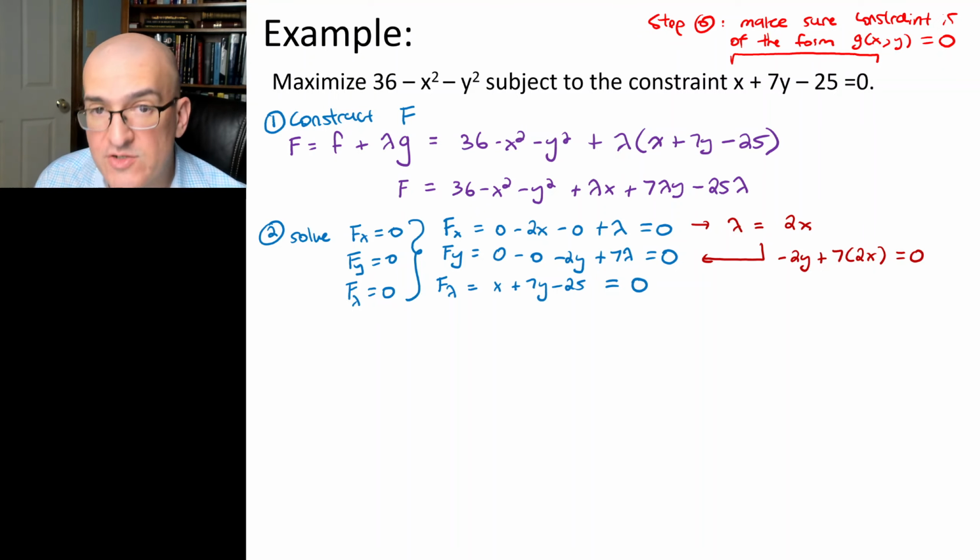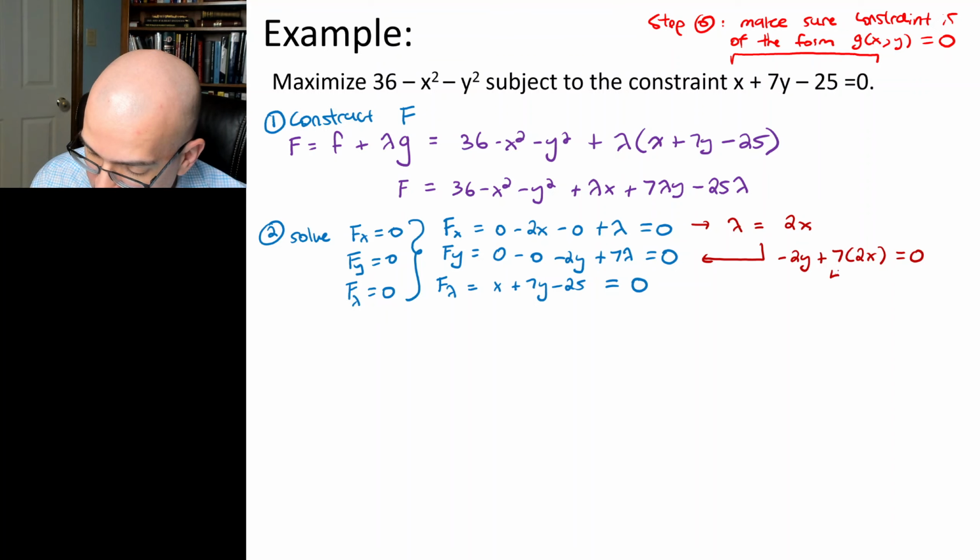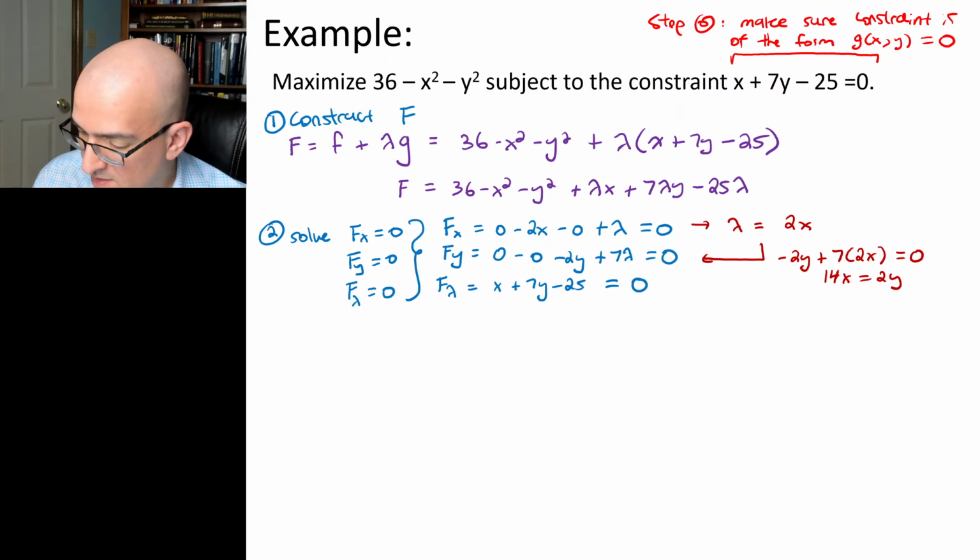We can add 2y to both sides. So 14x is equal to 2y. And then divide both sides by 2. So y is equal to 7x. What we do with that is we plug that into the third equation, the lambda equation.